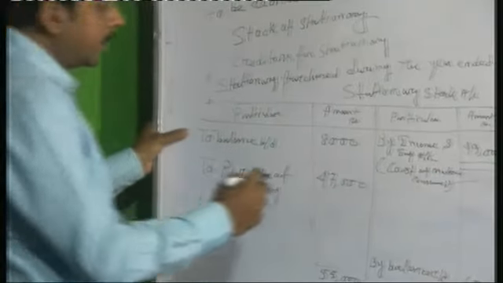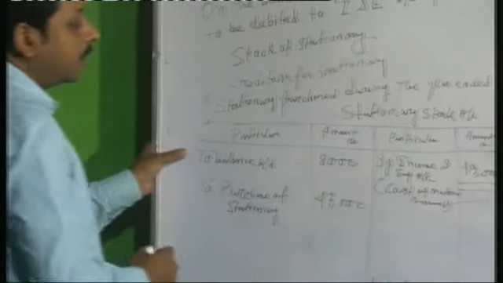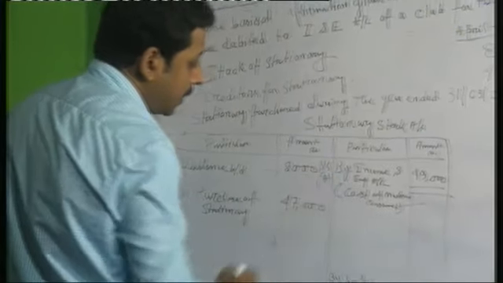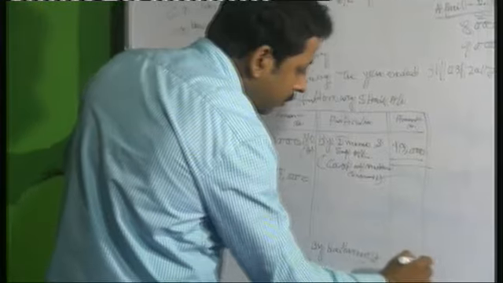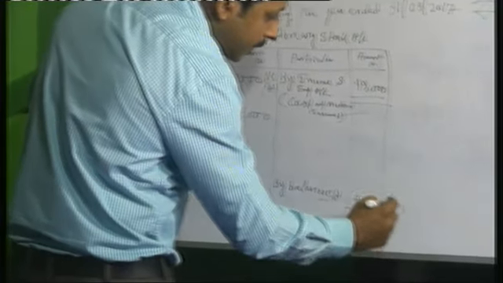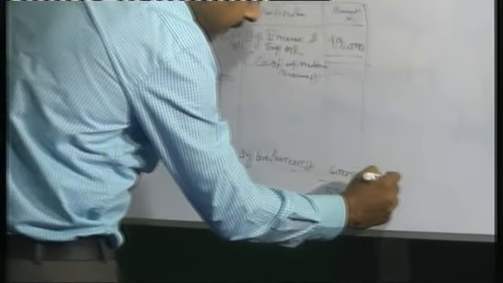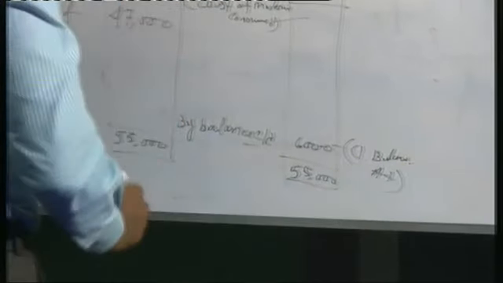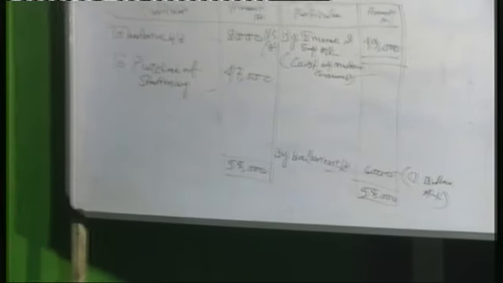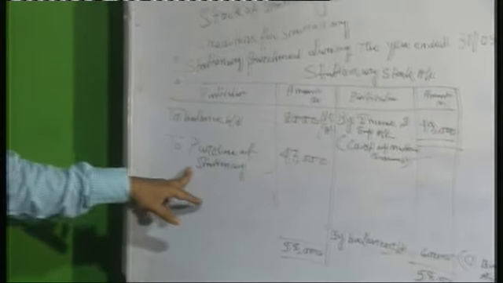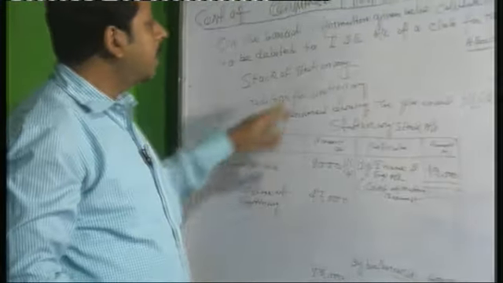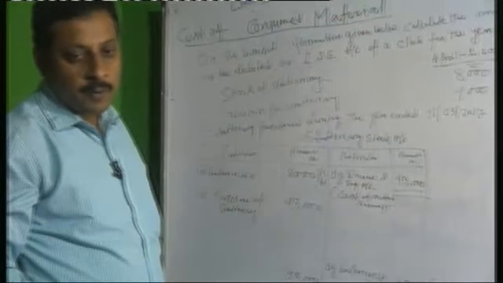And we already saw the opening balance of stock goes in the balance sheet, asset side, as the opening balance. The closing balance of stock we show in the closing balance sheet, asset side. And purchase of stationery, as we told earlier also, takes effect in the creditors account and also the receipts and payments account.